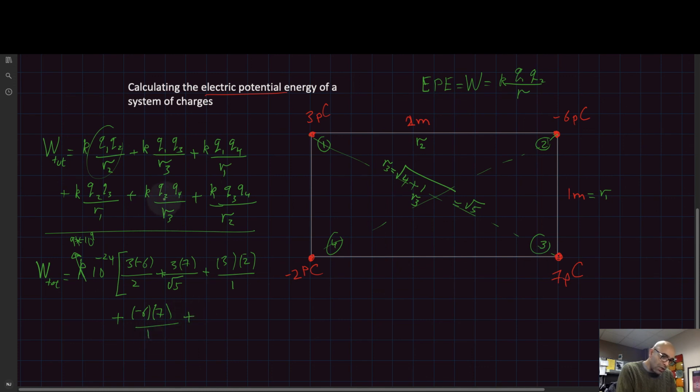Plus Q2 and Q4, and that's minus 6 times minus 2, divided by the distance between them, it's root square of 5, plus the last term, which is K is outside, Q3, that's 7 times Q4, which is this, minus 2, divide by the distance between them, and that's 2.